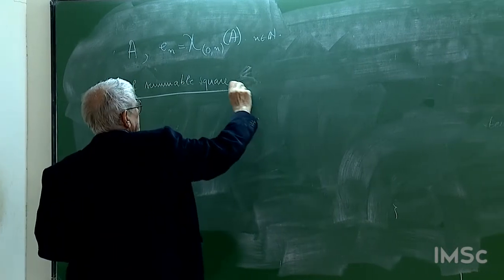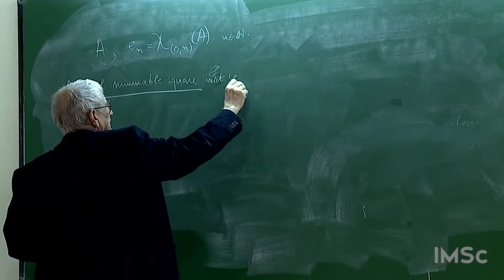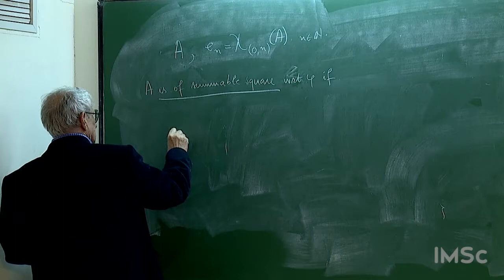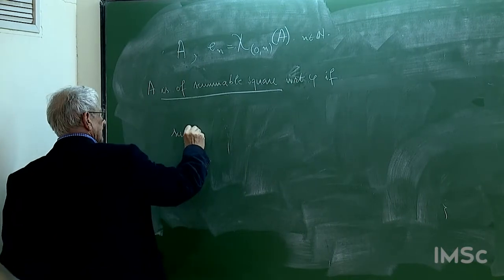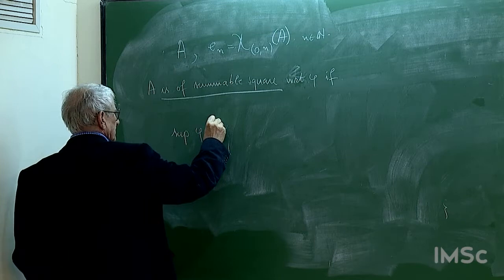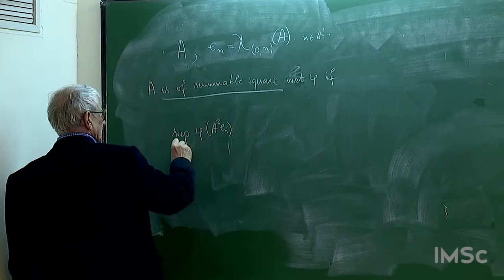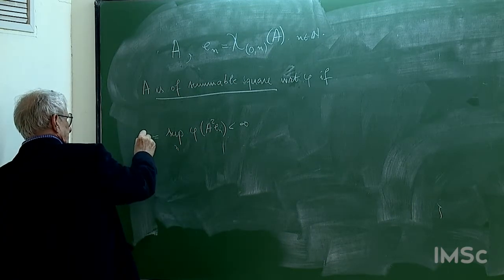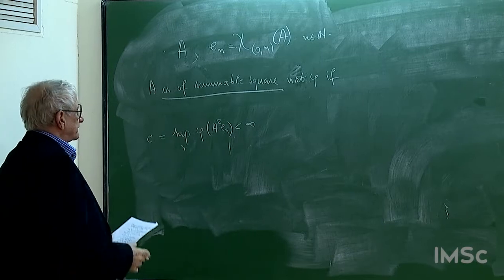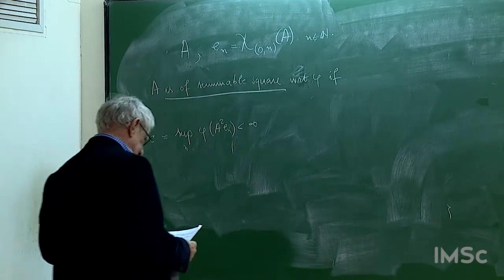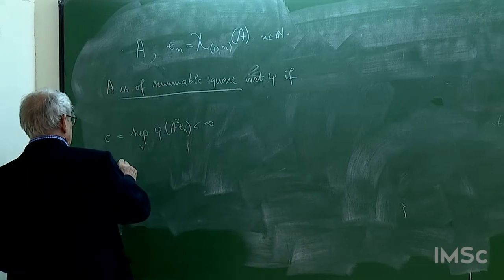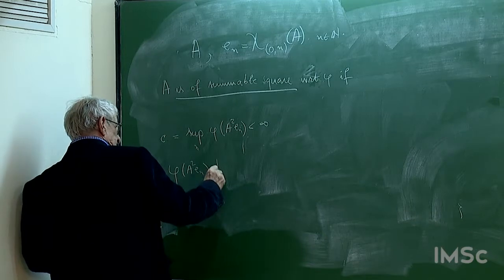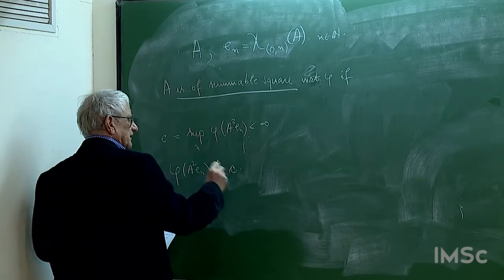Square summable with respect to phi, if you have the following thing: the sup over n of phi of A squared E_n is less than infinity. And then I will denote this sup by c. It's a finite positive number. Okay. Then it follows that phi of A squared E_n is of course increasing, and increases to c.